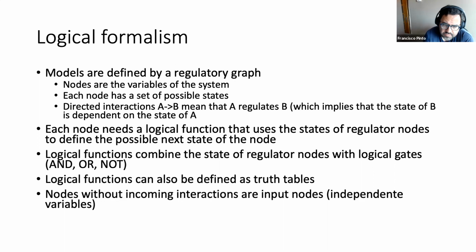And then the graph includes the interactions between the nodes, and these are directed interactions. When we have an interaction connecting node A with node B, it means that A regulates B, and in logical terms, that means that the state of B depends on the state of A.